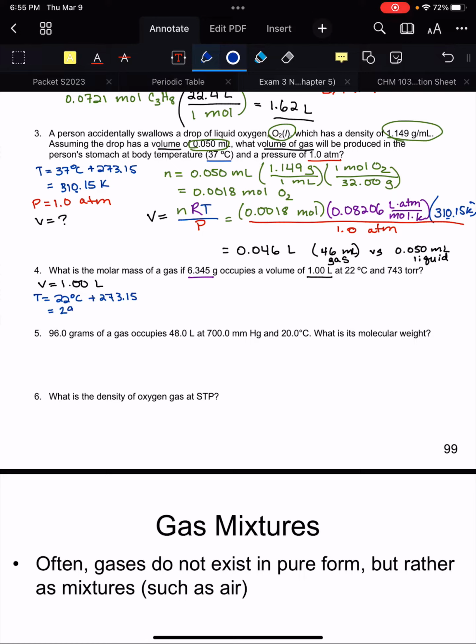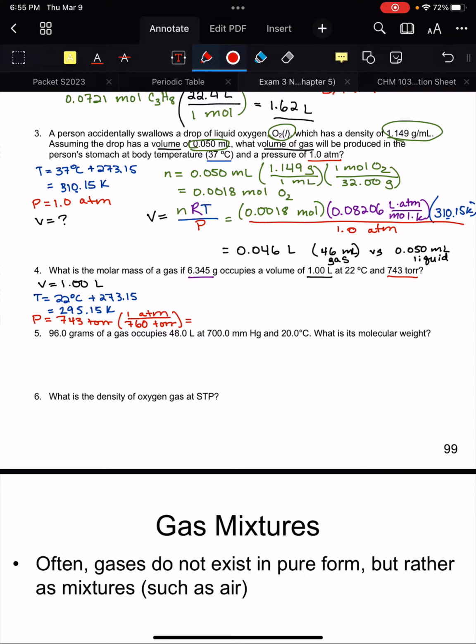So that's 295.15 Kelvin. And we're given a pressure in units of torr. So pressure is 743 torr. But we're going to go ahead and convert that to atmospheres so we can use PV = nRT. So 1 atmosphere is 760 torr.